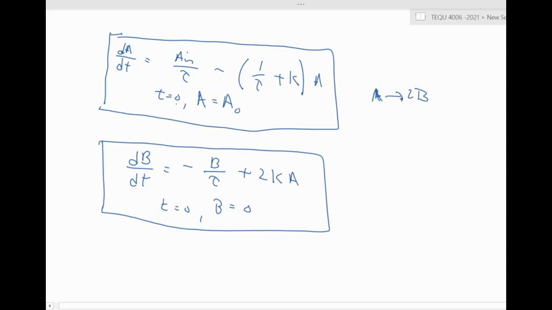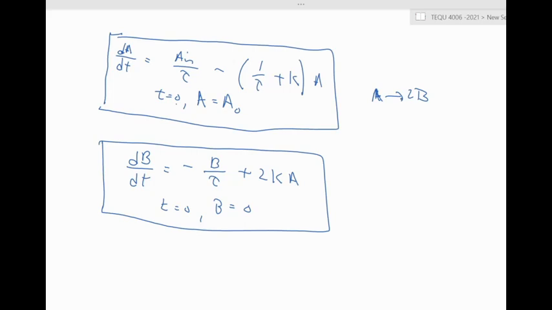Pretty much this is what's done on the CSTR for the dynamic part. I just did this mass balance, and when I solve these equations, eventually I will have the dynamics of my 2 components, how A disappears and how B is formed.